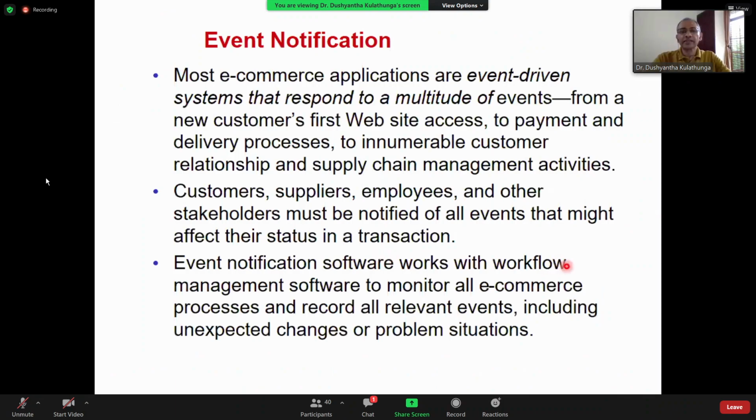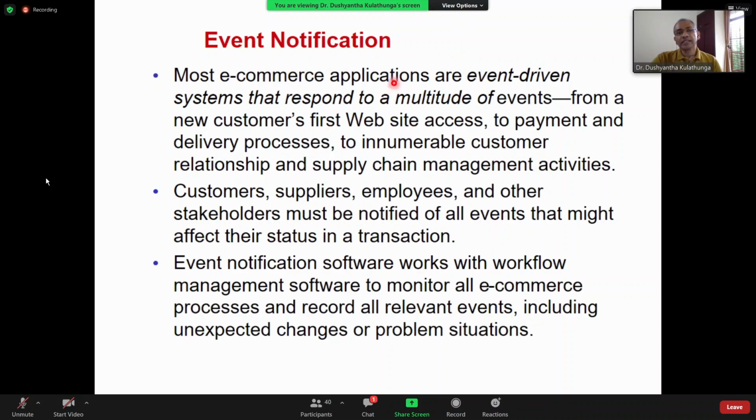So we'll move forward to the next one, event notification. This is another component which we can identify in our e-commerce processes. Most e-commerce applications are event-driven systems that respond to a multitude of events, from a new customer's first website access to payment to delivery processes to innumerable customer relationship and supply chain management activity.